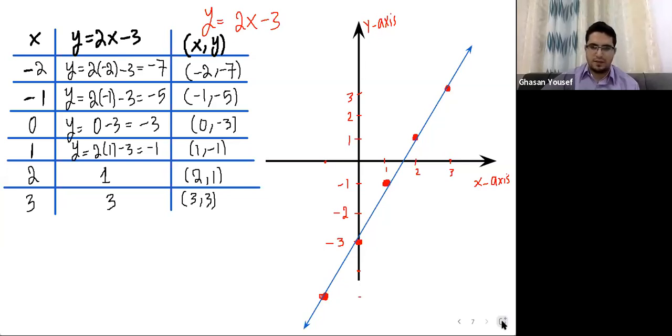Okay, another example, example 2. Graph y equals x squared minus 2. Again, the same idea exactly. We're going to draw a table.